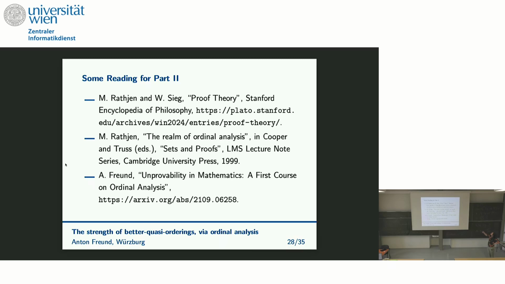And then just some reading for this. There's a very nice survey in the Stanford Encyclopedia by Michael Rathjen and Sieg on proof theory, which focuses a lot on ordinal analysis. I think that's a good starting point if you want to read something on this. There's this very nice paper by Michael Rathjen. It's also very long, but it's a great read. I have a course on the ordinal analysis of Peano arithmetic that I try to keep quite short and self-contained.